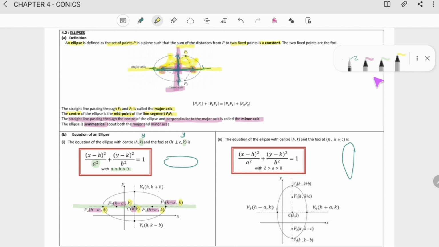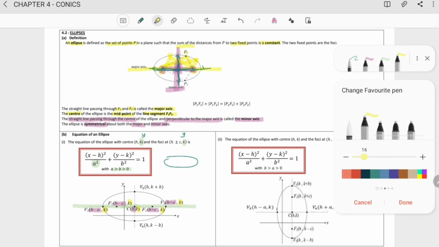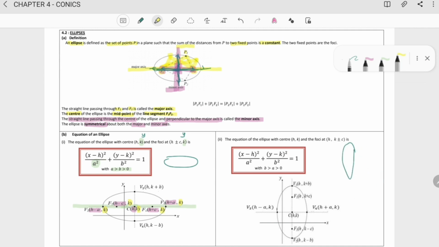We move on to the vertical shape. Here the value of B is greater than A, so the major axis is parallel to the Y axis.